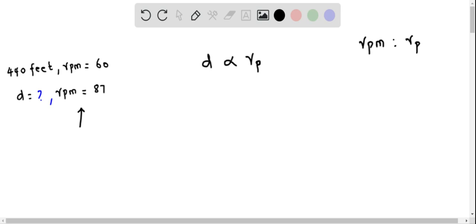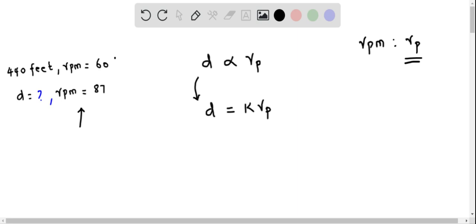So the distance is directly proportional to the revolutions per minute, and we can rewrite this direct variation equation by introducing a constant of proportionality. We write this as d equals k times R sub p. This R sub p represents the RPM of the wheel.